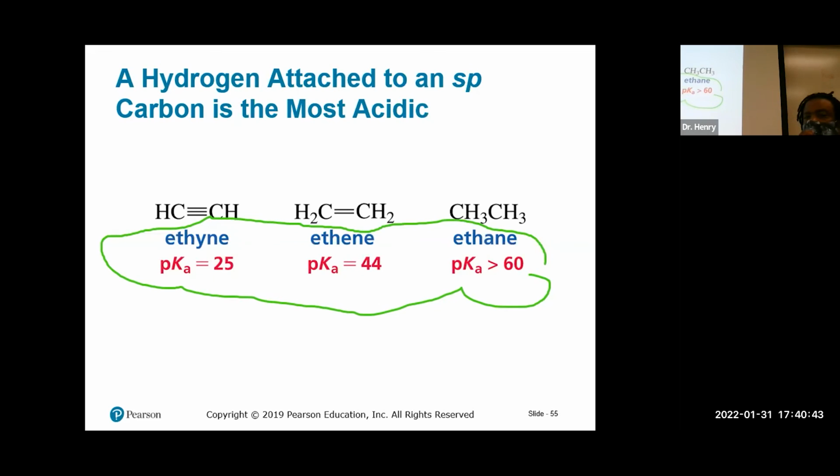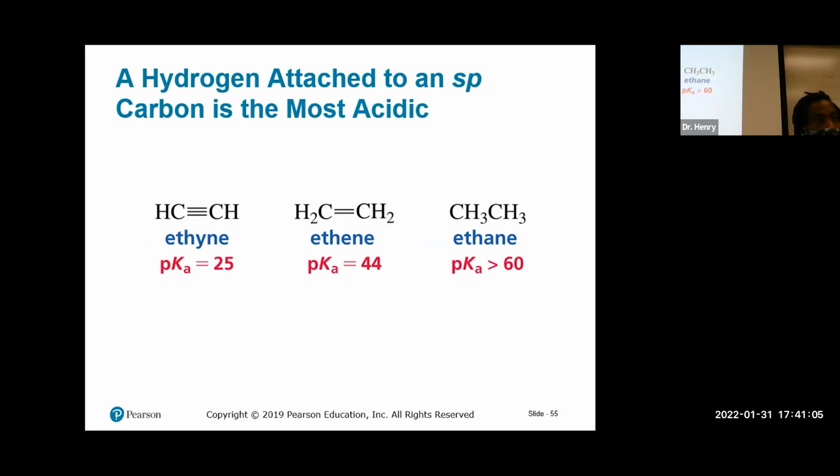So when we look at which is most acidic, also because of that electronegativity, those guys are going to be more acidic. So triple bonds are going to be more acidic than single bonds.